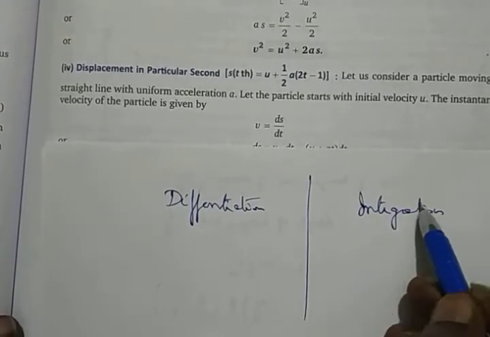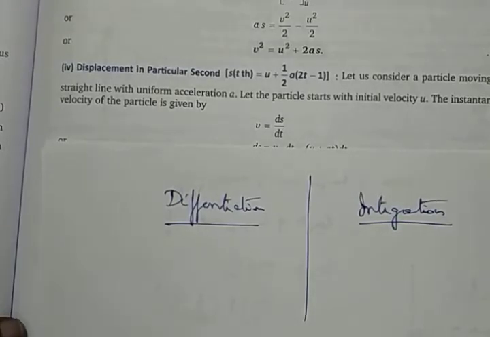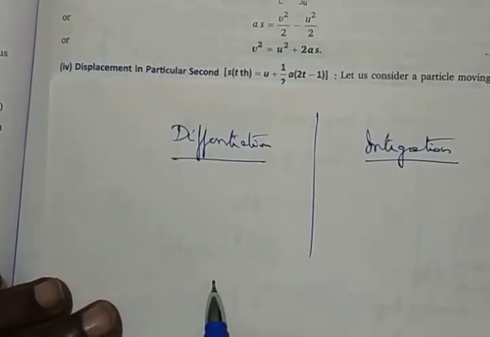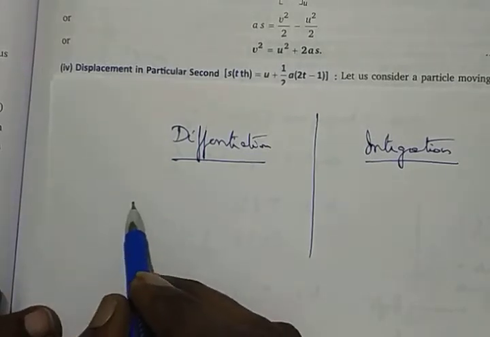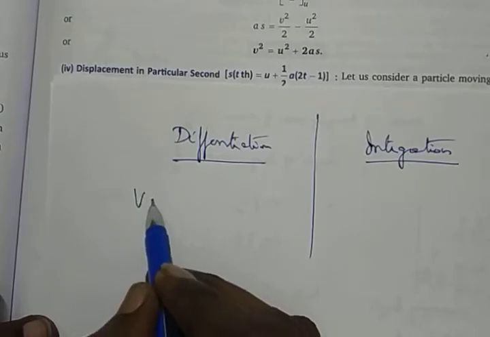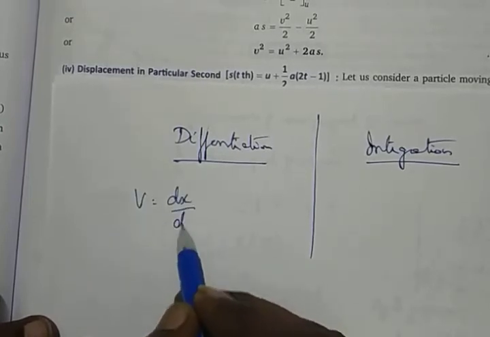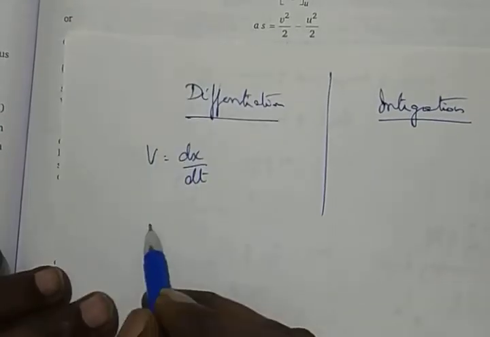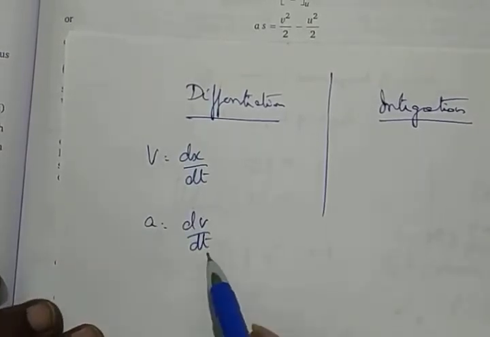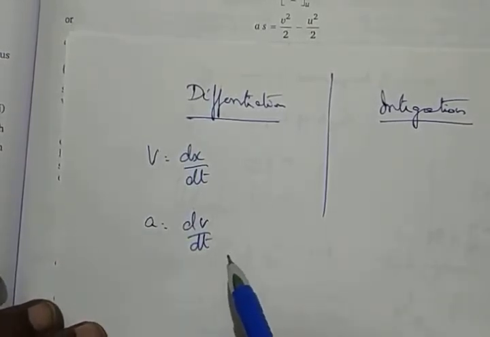Quite a lot of things we did. After differentiation, we also did the value of velocity. Velocity is equal to dx by dt. We already did this one. And acceleration is equal to dv by dt. We had done these 2 things very carefully.